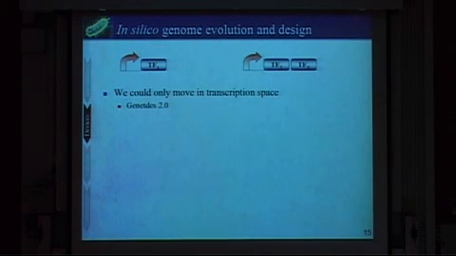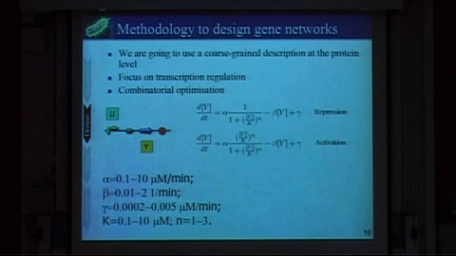And as I said before, we could restrict ourselves to the transcriptional space. Here, the method is easier. We just use very simple nonlinear models, like we saw in the previous talk, with some ranges.